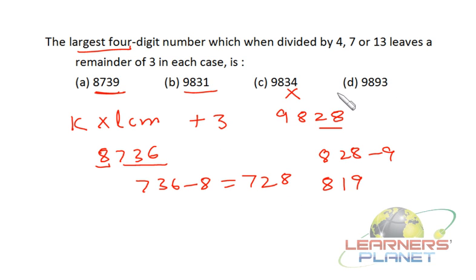If I deduct 3 from it, I'll get 9890. Now the last two digits are 90, which are not divisible by 4. So this number 9890 is not divisible by 4, so it cannot be the correct choice. So we are left with this. Okay. I hope you are clear.